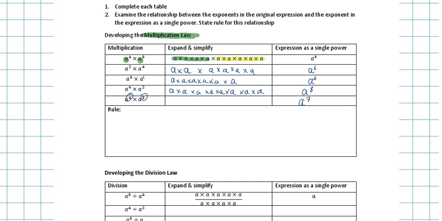So keep the like base and add the exponents. What if the base isn't the same? Then you can't do this. Okay. There's no way for you to be able to do it.